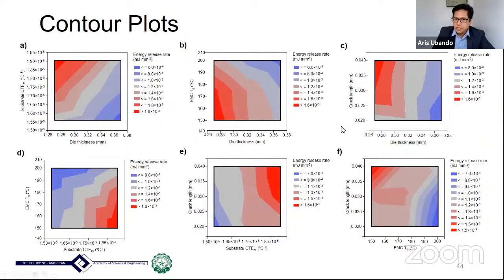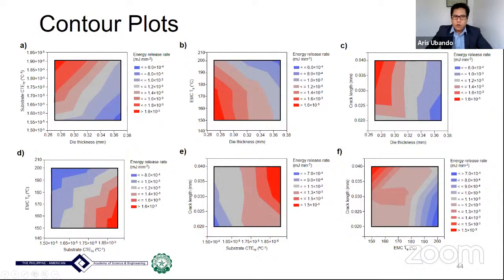So the contour plots can be used in the line by implementing, of course, different material combinations and working together with the supplier to attain such material properties in order to lessen the probability of the crack propagation.